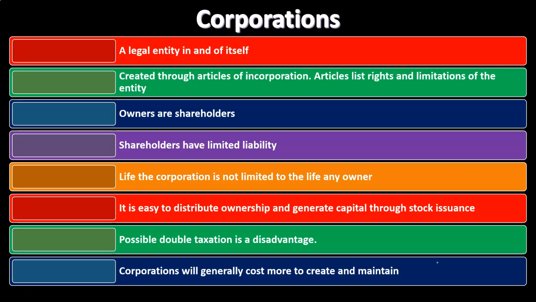Then if you move up to an S corporation or an LLC, that gets more complex, but not as complex as a corporation. The corporation will typically be the most complex to maintain. So you've got those benefits with the corporation of capital generation and so on, but you also have those added costs related to the corporate form.